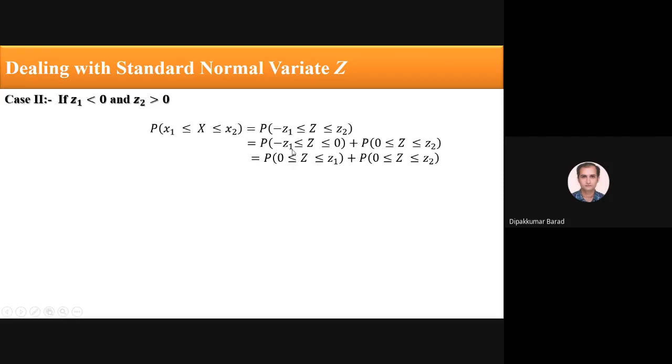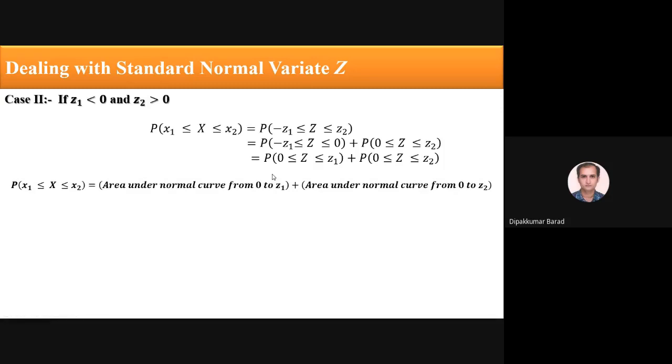So these two are equal. So I get the probability of Z between 0 and Z1 plus the probability of Z between 0 and Z2. So, area under the normal curve from 0 to Z1 plus area under the normal curve from 0 to Z2.